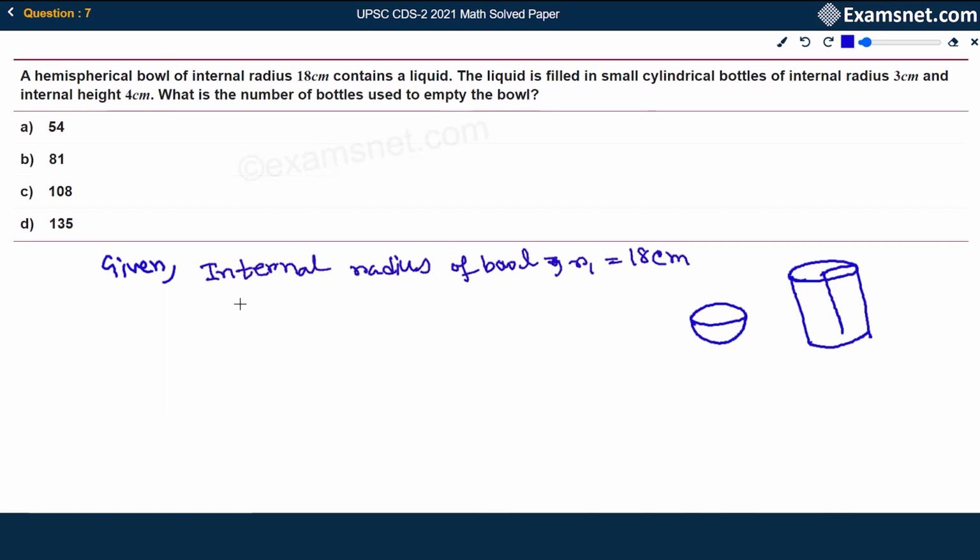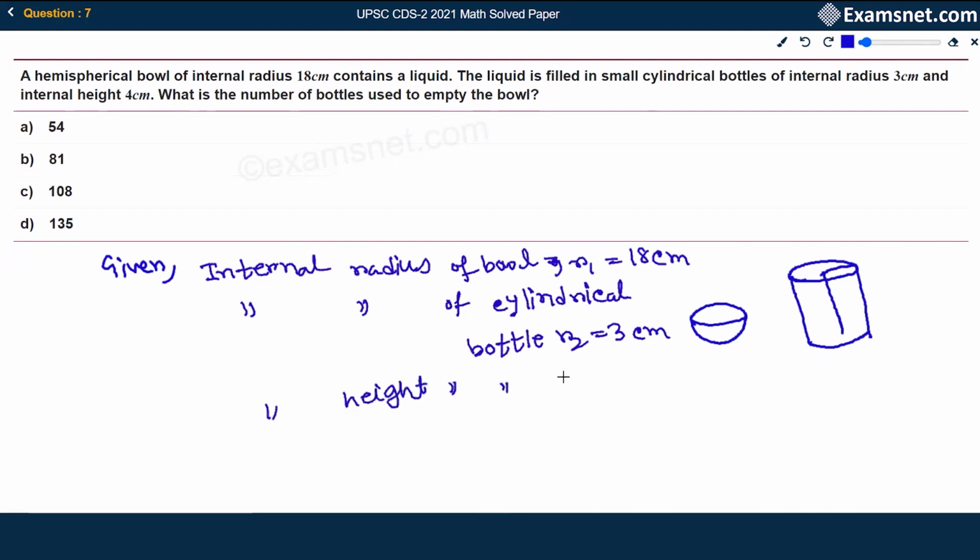Also internal radius of cylindrical bottle, let's say R2, that is 3 centimeter, and internal height of cylindrical bottle, let's say H1, 4 centimeter.